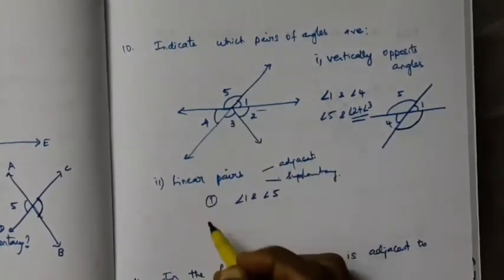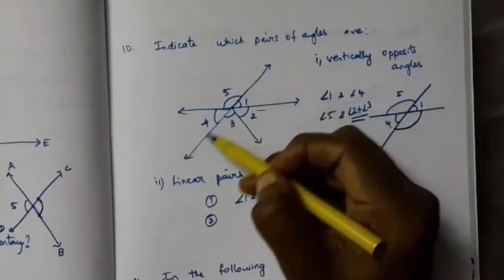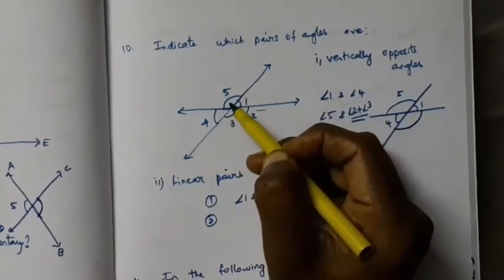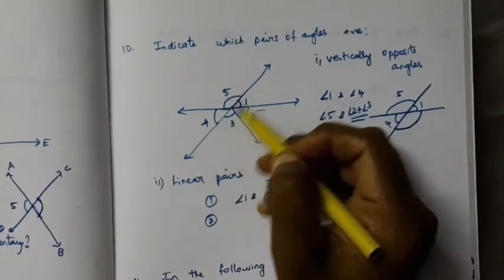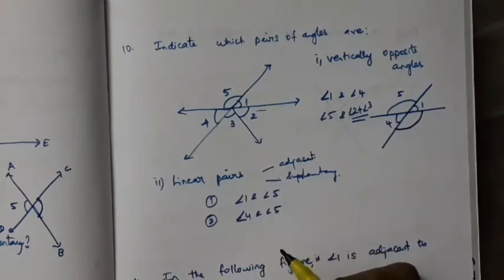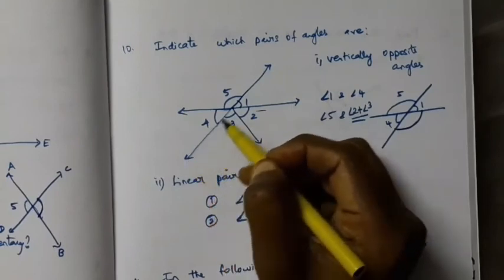So angle 1 and angle 5 is the first. The second we can write, you can take this line. This is a straight line. So angle 5 and angle 4 are adjacent angles, and if you add them, you will get 180 degrees because this is a straight line. So angle 4 and angle 5. This is another example. If you see here, this is also a straight line.